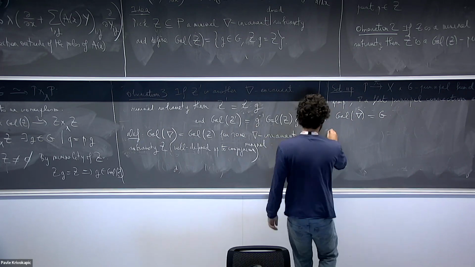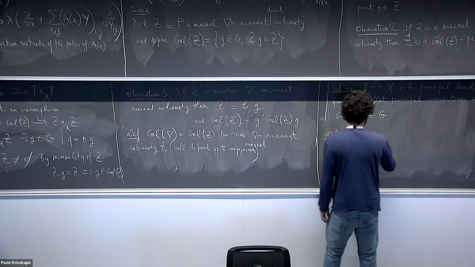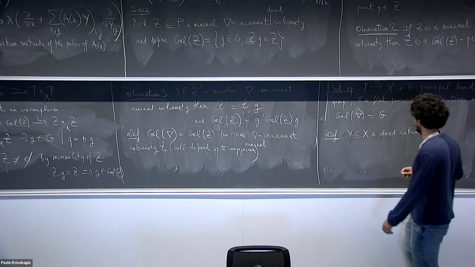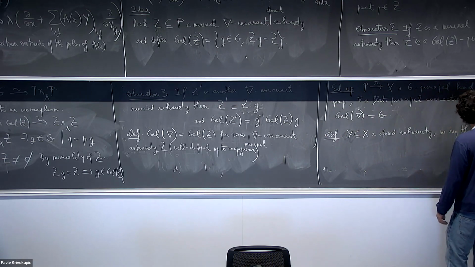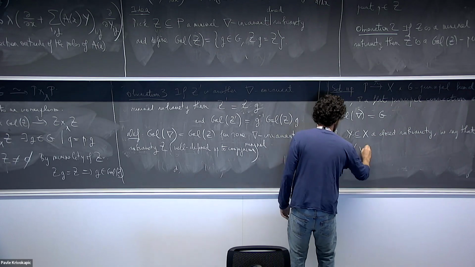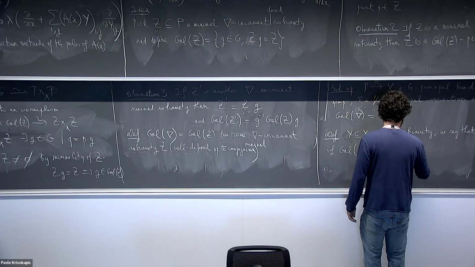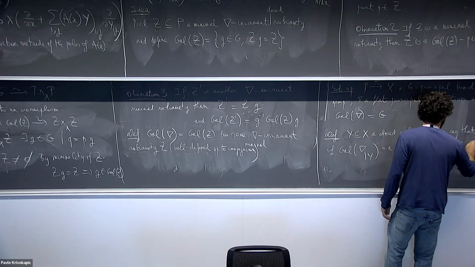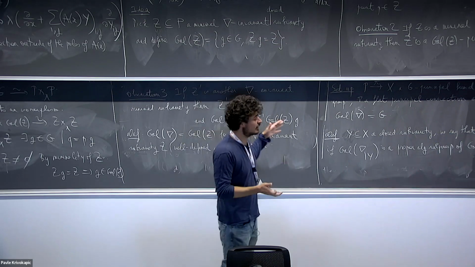So the definition is that if you take Y included in X a closed subvariety, we say that Y is delta special if the Galois group of the connection restricted to Y is a proper algebraic subgroup of gal delta, which is equal to G. So a delta special subvariety is a subvariety such that the Galois group drops.